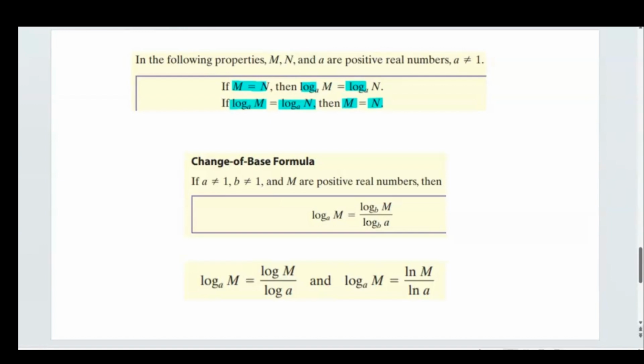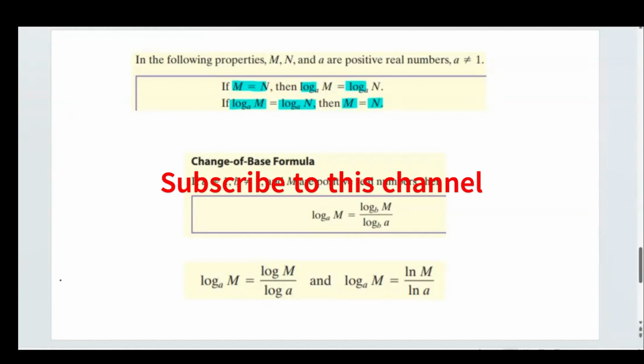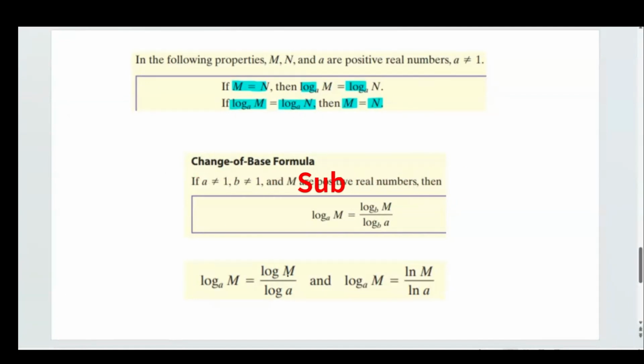So if I have the logarithm in base a of m, I can either say that this is the logarithm of m over the logarithm of a, so common logarithm of m over common logarithm of a. Remember that common logarithm is the logarithm base 10. Or we can say that log in base a of m is equal to the natural logarithm of m over the natural logarithm of a. Remember the natural logarithm is logarithm base e.